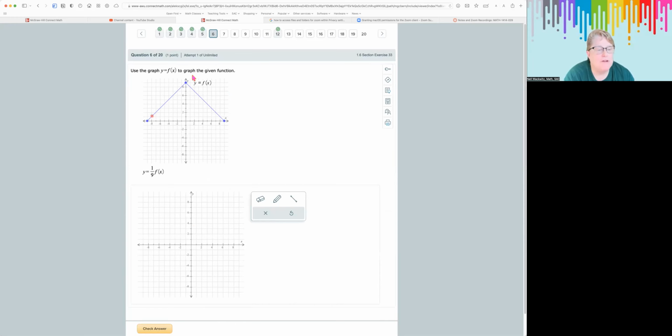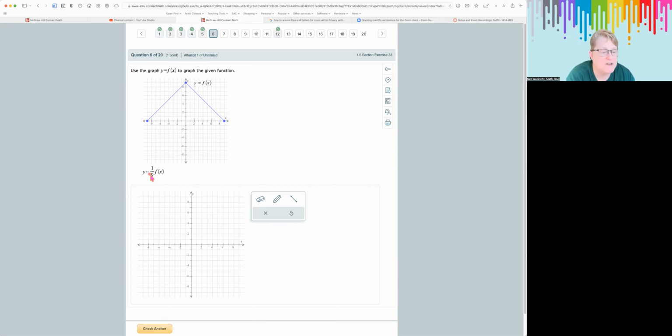So they're giving us 3 points on the graph, and they want us to graph 1/9 of that graph. So let's see if we can evaluate the function at the points. If we're plugging in -9 here, what is the y? Excellent. Y is 0.